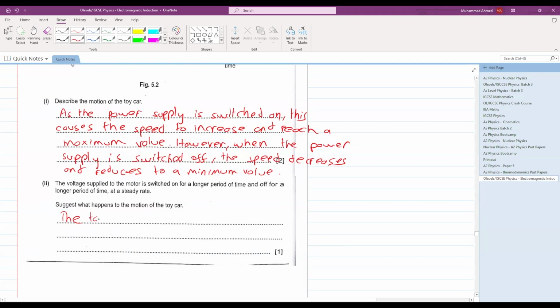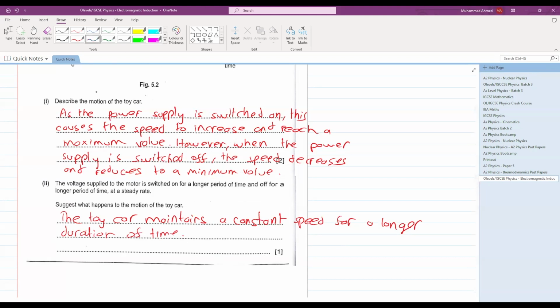The toy car maintains a constant speed for a longer duration of time. And when the power supply is switched off for a longer period of time, what will that do?